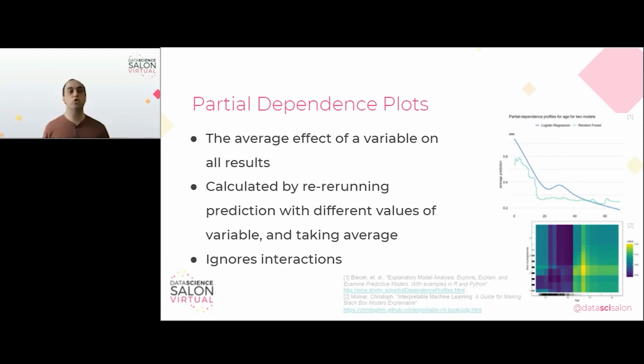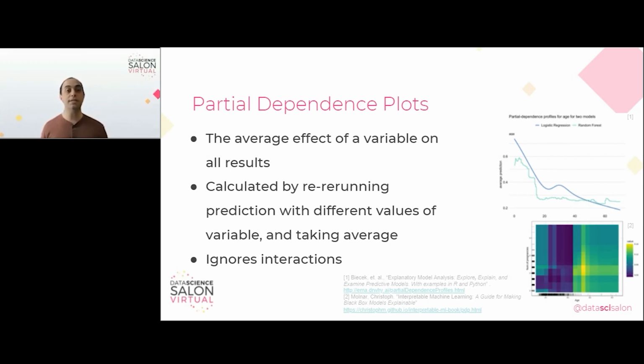These are two models based on a data set from the Titanic, taking all of the passengers on the Titanic, trying to predict whether they died or whether they survived. You can look at the two models and see that specifically we are seeing what is the model's effect of age.